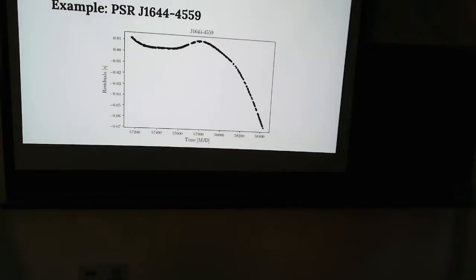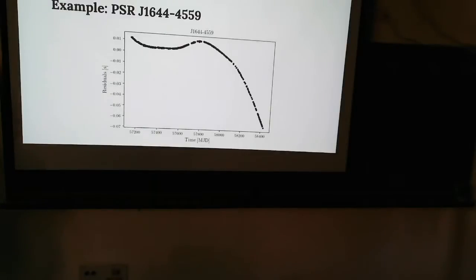This sort of cubic polynomial curve that you can see here, you could model that as an F2, or a second order spin frequency derivative. But that might not actually be a true measurement of the second order spin frequency derivative. What you're measuring as your F2 term is in fact just your red noise.